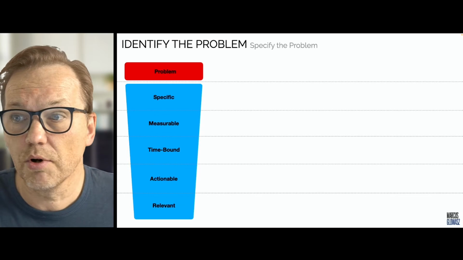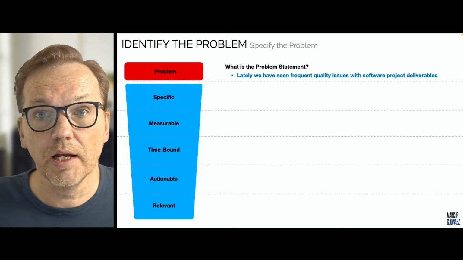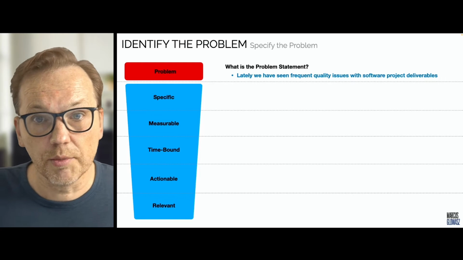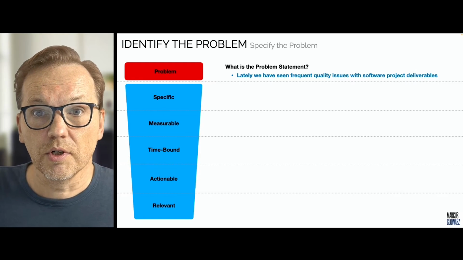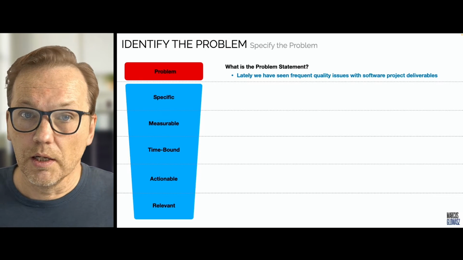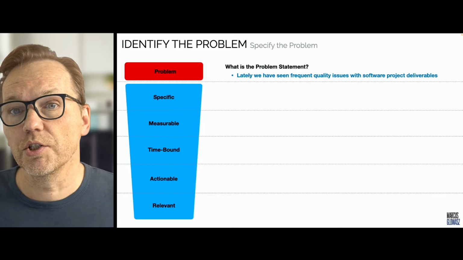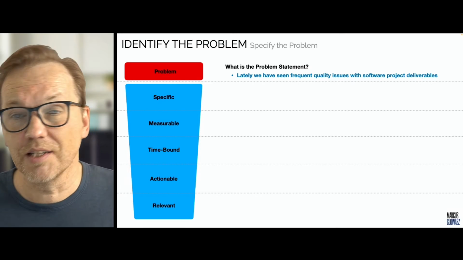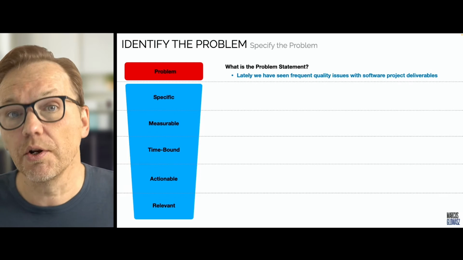Let's specify the problem. So let's say, and I have a background in software development projects, so I'm familiar with this, of course, but here we're saying, lately we have seen frequent quality issues with software project deliverables. Okay. Is that precise? No, not at all.